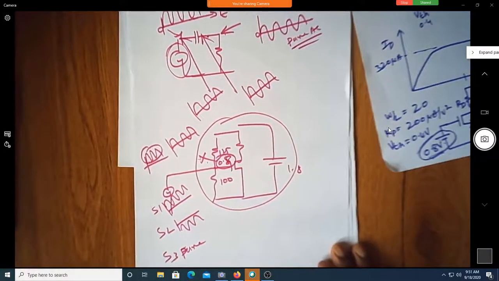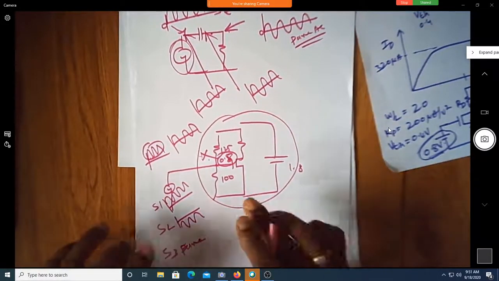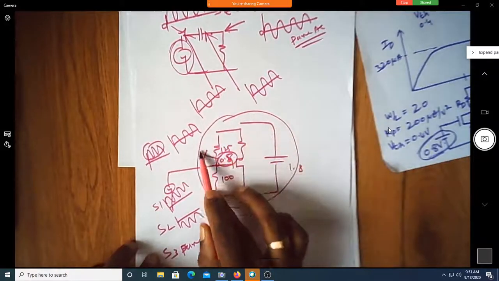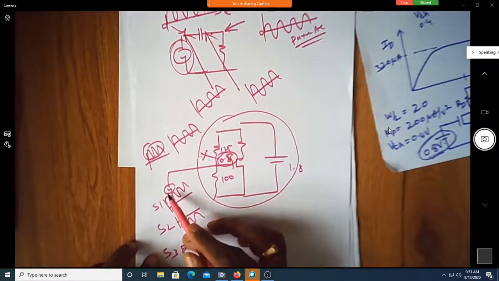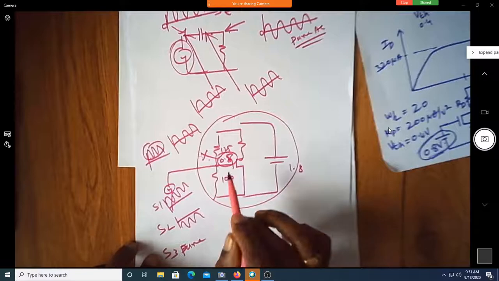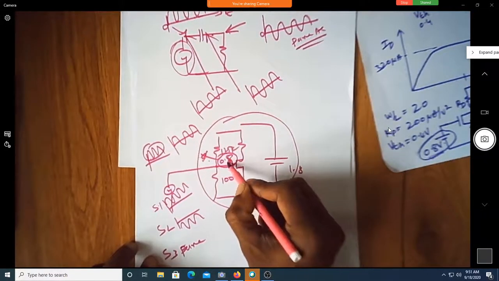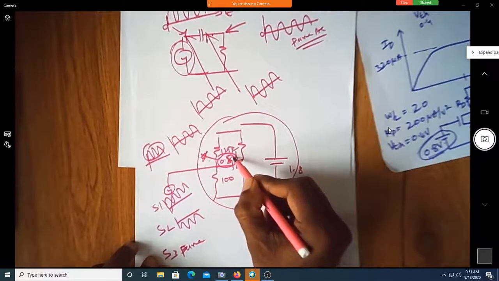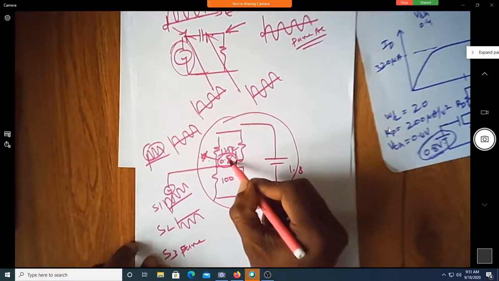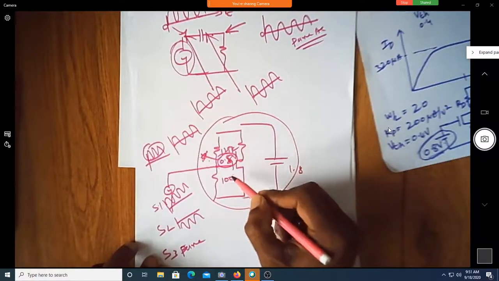Now the point is, you have a single amplifier, but you have 3 different sources, S1, S2, S3. Now you carefully design this to have 0.8 volt. To get 0.8 you made this 125K and this is 100K.